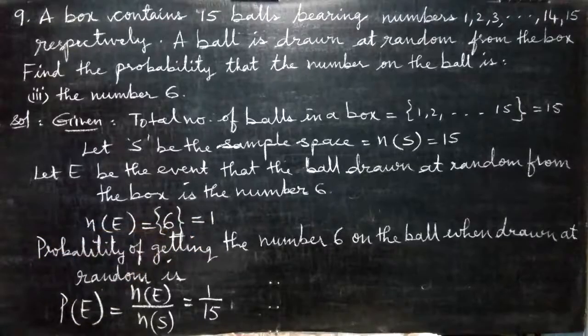How many balls came? It's only one ball for that event. So N of E by N of S is equal to 1 by 15. That's all. Write the conclusion. Therefore, the probability of getting the number 6 on the ball when drawn at random is 1 by 15.